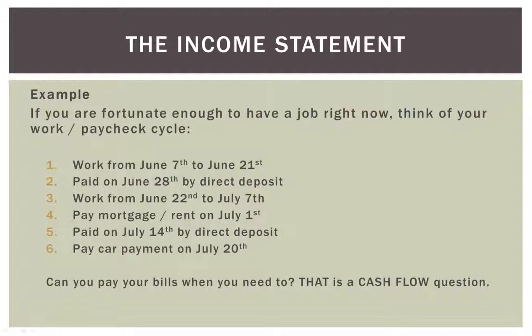And of course, during that time, you're also working from June 22nd to July 7th, which is the next pay period. Now, during that time, you have your mortgage payment or your rent payment, which is due on July 1st, so you have to pay that. And then on July 14th, you get your next paycheck into your bank account by direct deposit. And then about a week later, you have to pay your car payment on July 20th.